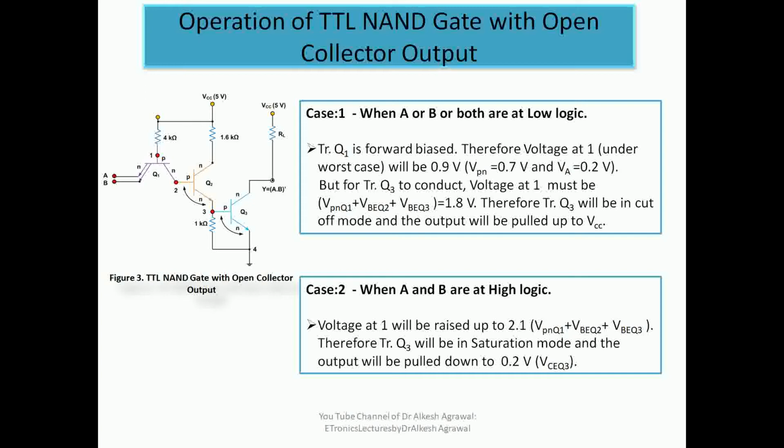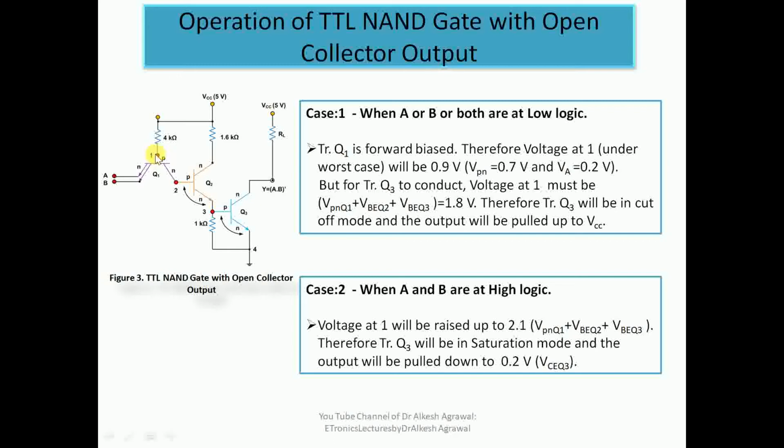Why 0.9 volt? Because they have to overcome this potential, VBE. This is an NPN transistor, so VBE should be greater than 0.6 to 0.7 volt. So 0.7 plus 0.2 is 0.9. The potential at this point is 0.9 volt.